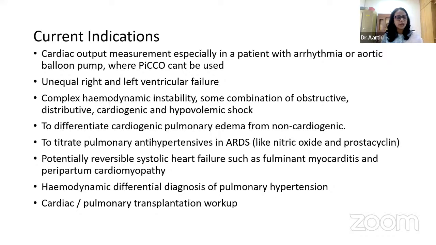And to differentiate cardiogenic pulmonary edema from a non-cardiogenic cause, and also to titrate pulmonary antihypertensives in ARDS, where we use nitric oxide or prostacyclin for pulmonary vasodilatation, and in scenarios with reversible systolic heart failure like myocarditis and peripartum cardiomyopathy, where these catheters aid us in managing the hemodynamics of the patient. Also in the differential diagnosis of pulmonary hypertension, and the transplant workup for cardiac and pulmonary transplant patients.